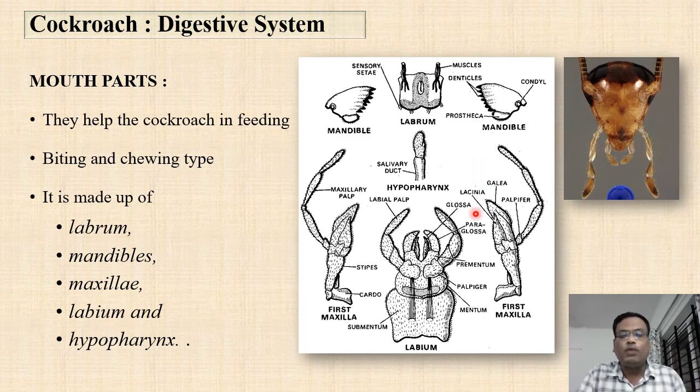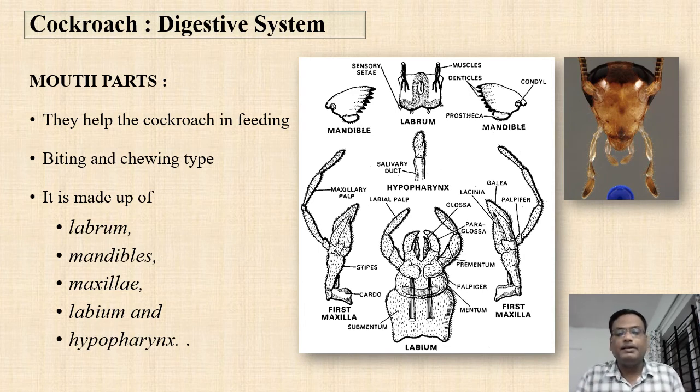Then we find one pair of maxillae. These maxillae are mainly sensory in function, and they also help in pushing the food into the mouth. So mandibles cut the food into small pieces, and those small pieces of food are pushed into the mouth with the help of maxillae.